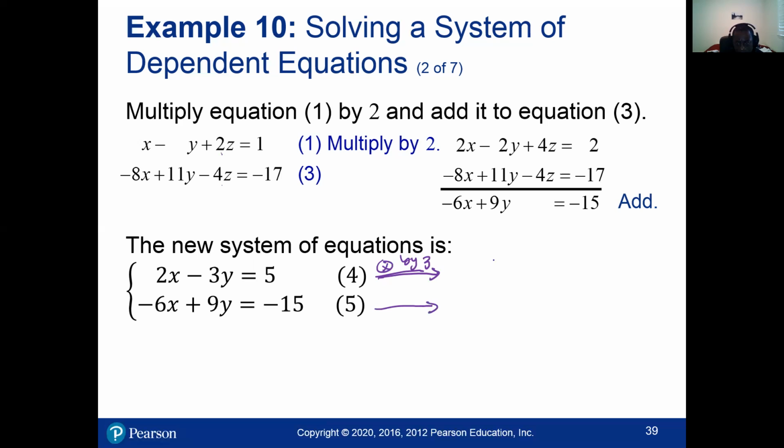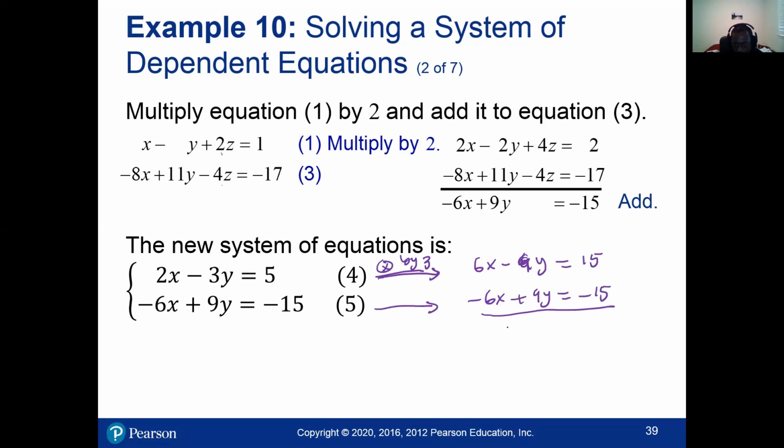That gives me 6x minus 9y equal to 15. And then I have minus 6x plus 9y equal to minus 15. Now let's add them.